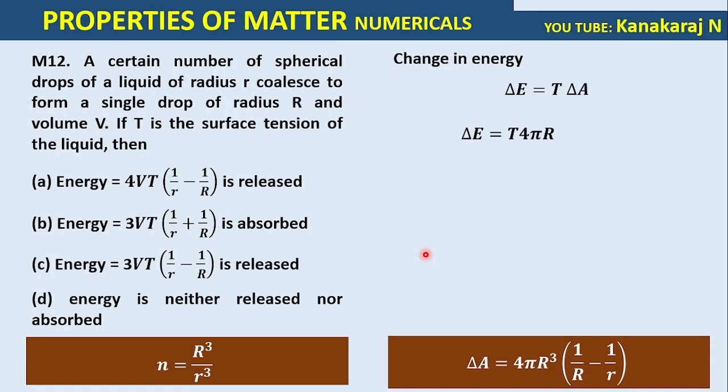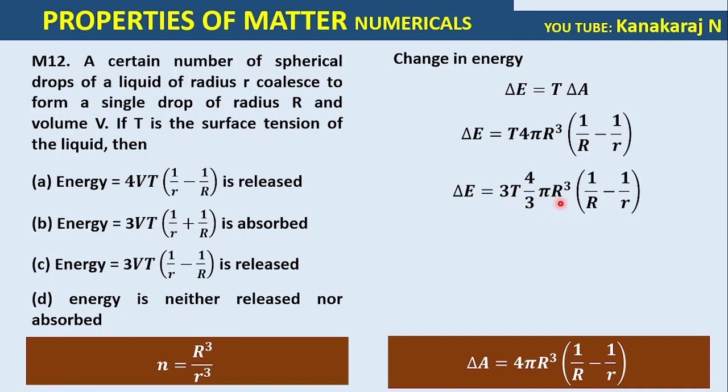Del E equals T times 4 pi R cube within the bracket 1 upon capital R minus 1 upon small r. So del E equals 3T multiplied by 4 by 3 pi R cube within the bracket. Here we are multiplying by 3 and dividing by 3 to get volume into the picture.